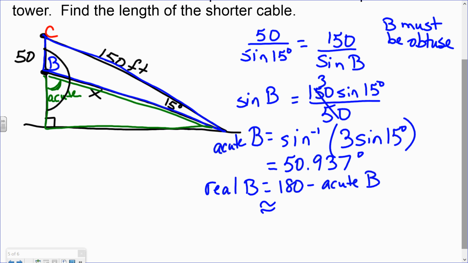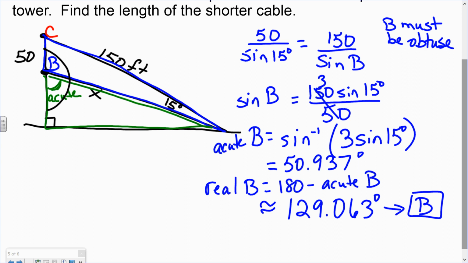Caitlin, you have that part? Not quite yet. Caleb, you have the real B? 129.063 degrees, and we probably better store that as B so we don't lose track of it.